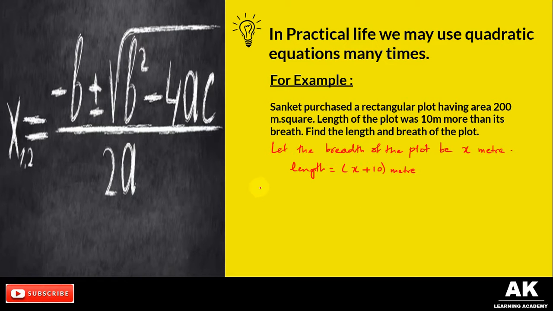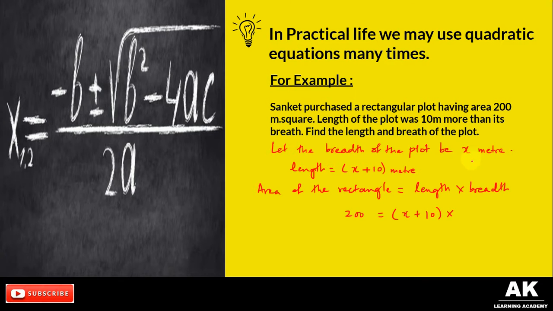Then what is the area of the rectangle? Area is length into breadth, right? So the area is given, that is 200 meter square. So area of the rectangle is 200 meter square, which equals length, that is x plus 10, into breadth.